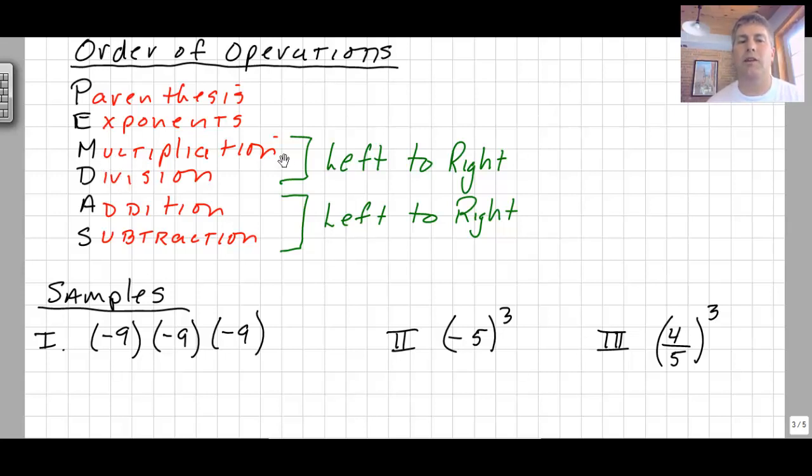So when we do multiplication and division, we just do those from left to right. We start with the leftmost multiplication or division and move from left to right. Then finally, at the end, we do our addition and subtraction. And keep in mind, subtraction may come before addition because subtraction is adding the opposite. So we do those left to right as well.